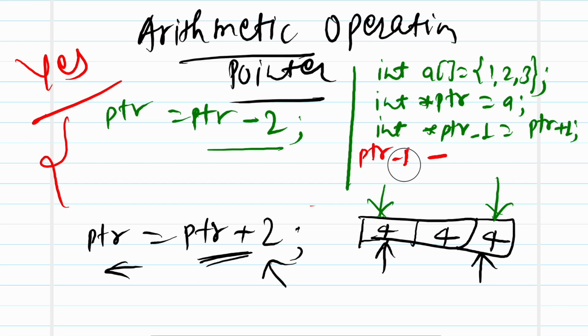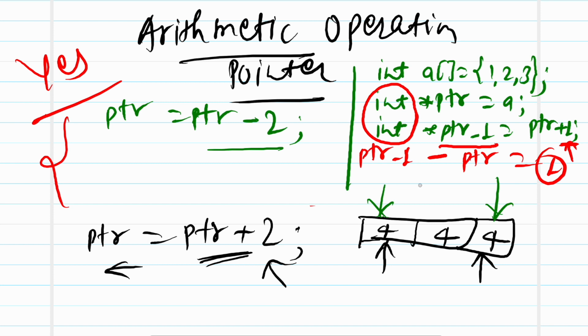This is ptr_1 minus ptr. It will give you value 1 because I am incrementing this pointer by 1 here and storing it into this pointer ptr_1. If both are having the same data type, then you can do subtraction operation on these pointers as well. But you cannot perform multiplication operation or division operation or modulus operation. These operations you cannot perform.